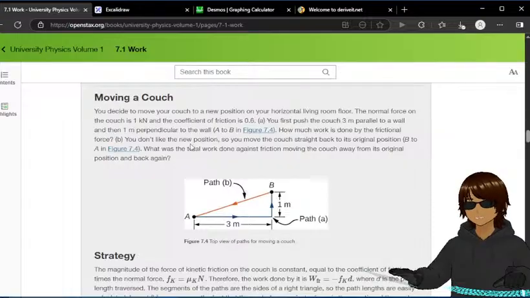You don't like the new position, so you move the couch straight back to its original position. What was the total work done against friction? So 3 squared plus 1 squared: 3 squared is 9, 1 squared is 1, so we have 10. This length over here is root 10.